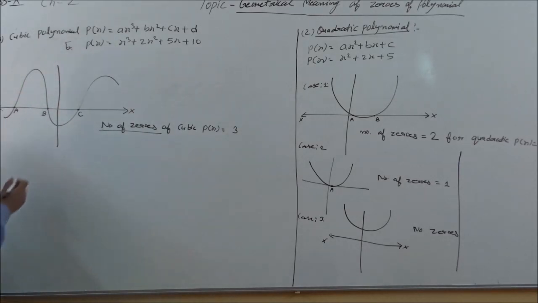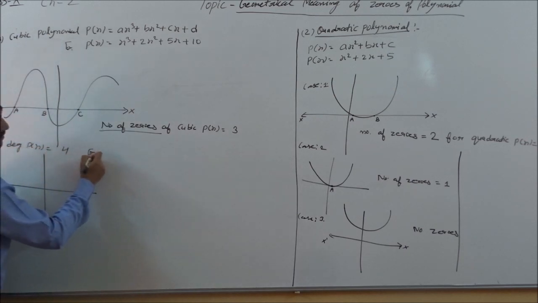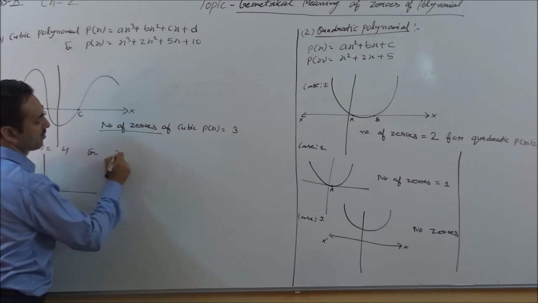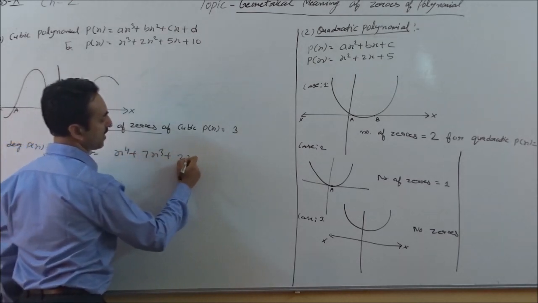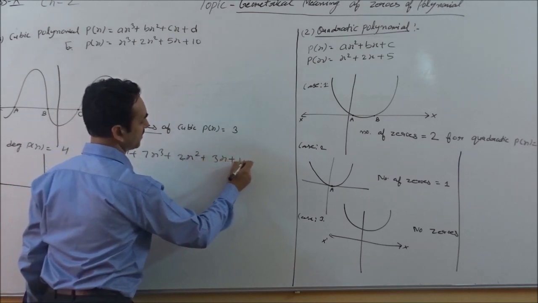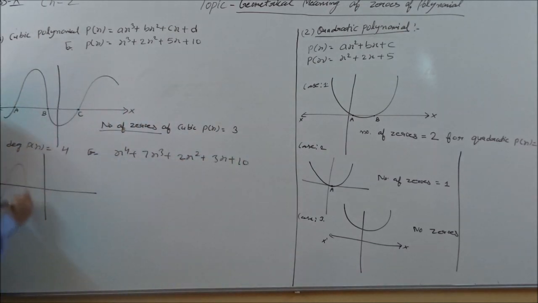Let's see another example. Suppose the degree of the polynomial is 4, for example x raised to 4 plus 7x cubed plus 2x square plus 3x plus 10. So the graph may be like this. You just count the number of points on the x-axis.